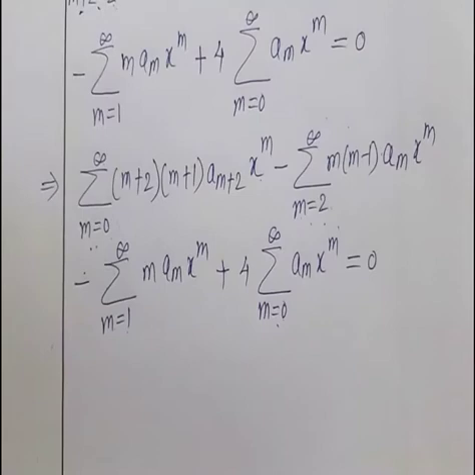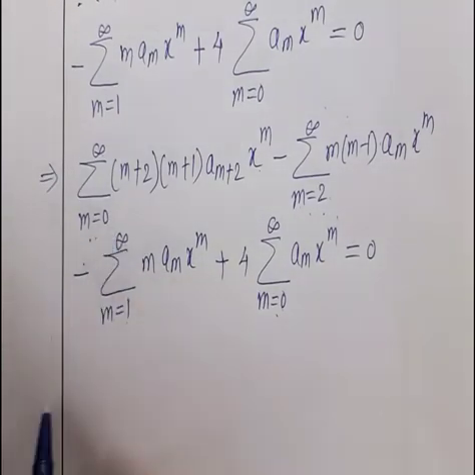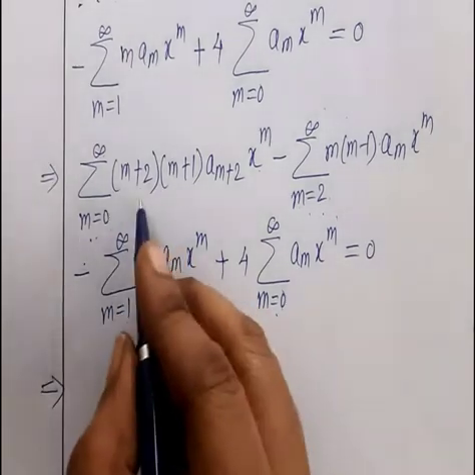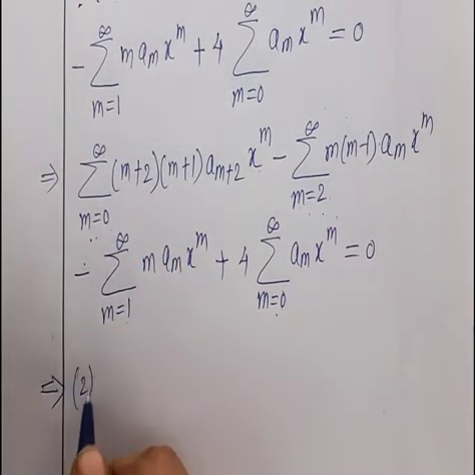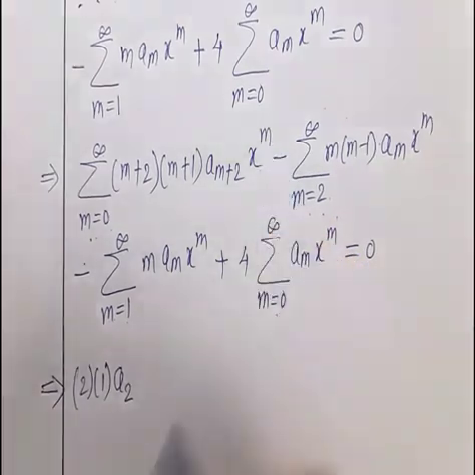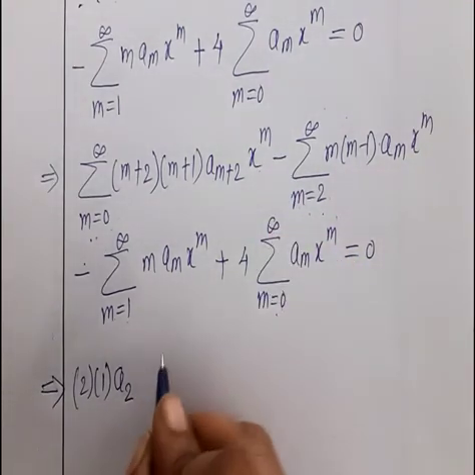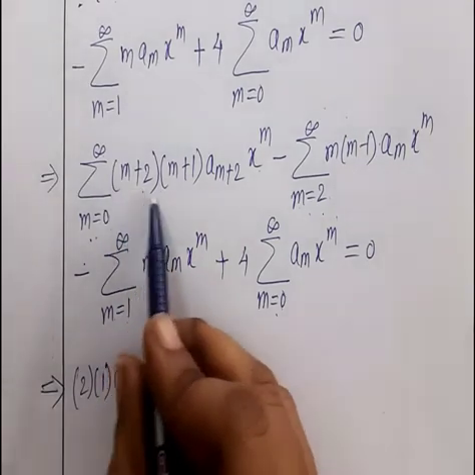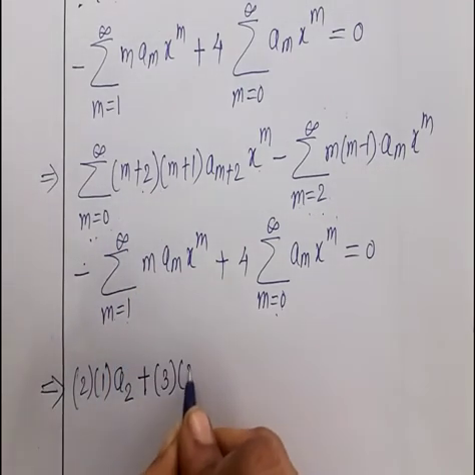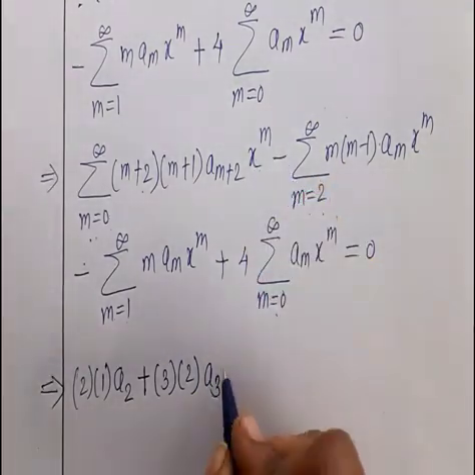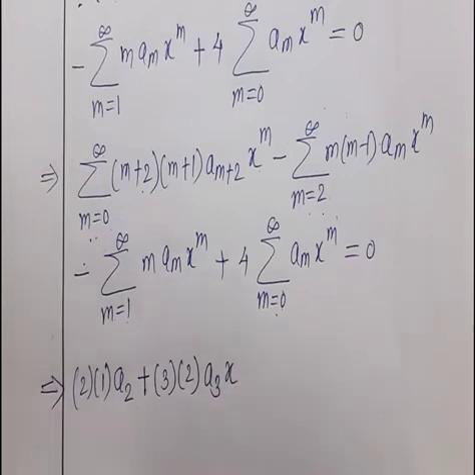So in the first term we have m equals 0. Put m equals 0 here: 0 plus 2 is 2, multiplied by 1, a_2, and x to the power 0 is 1. Plus, next m equals 1: 1 plus 2 is 3, 1 plus 1 is 2, so this is 6 a_3, and x to the power 1 is x.